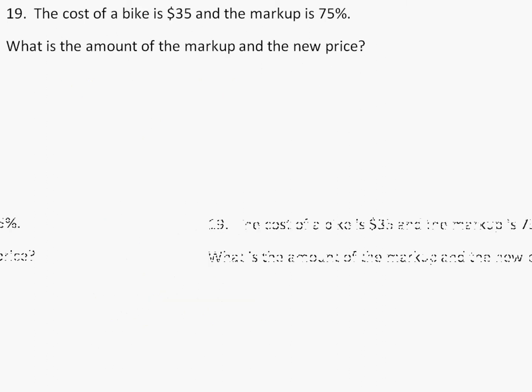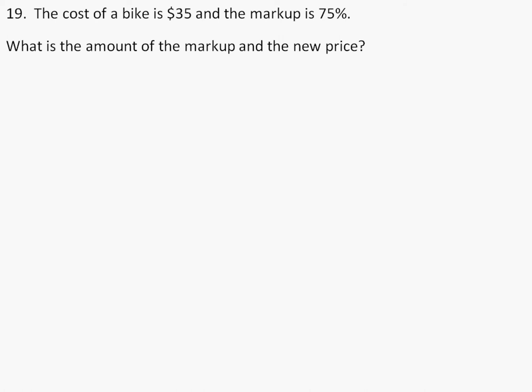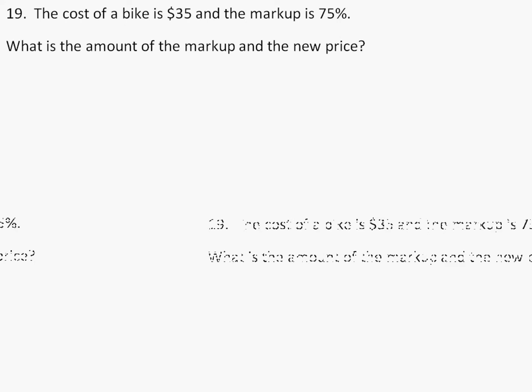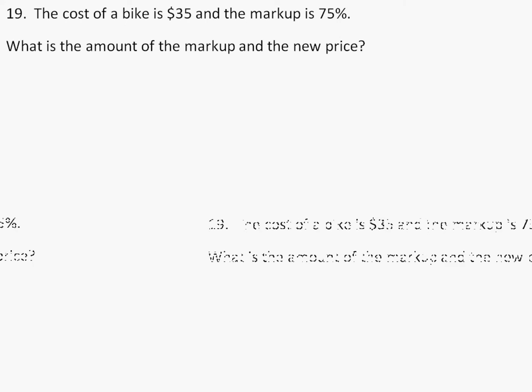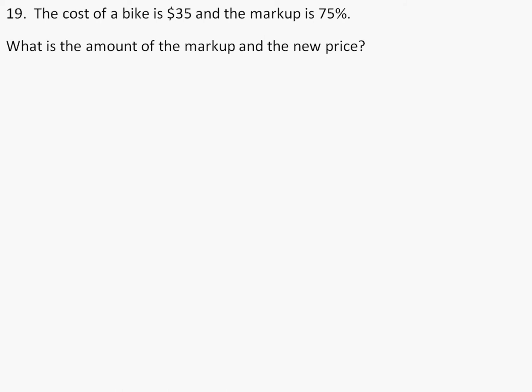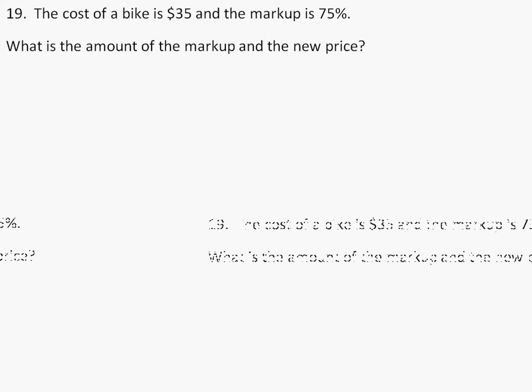The next one talks about cost and markup. If you remember, cost is how much the store buys it for, and then they mark it up a certain percentage and sell it to the customer. So what's the amount of the markup and what's the new price? It's a bike that the store buys for $35. So Walmart's able to get this bike from some manufacturer for $35 and they mark it up 75%.